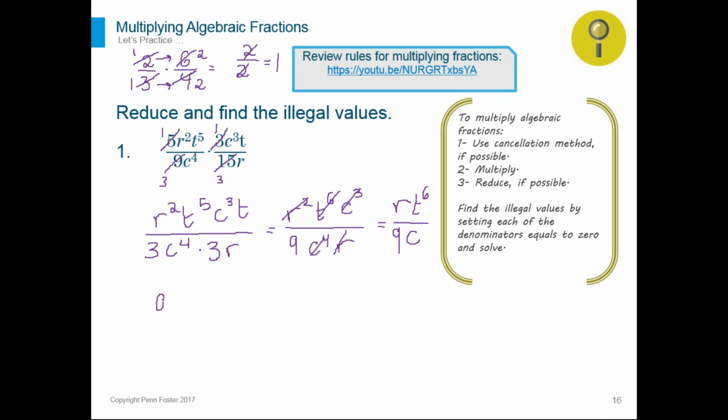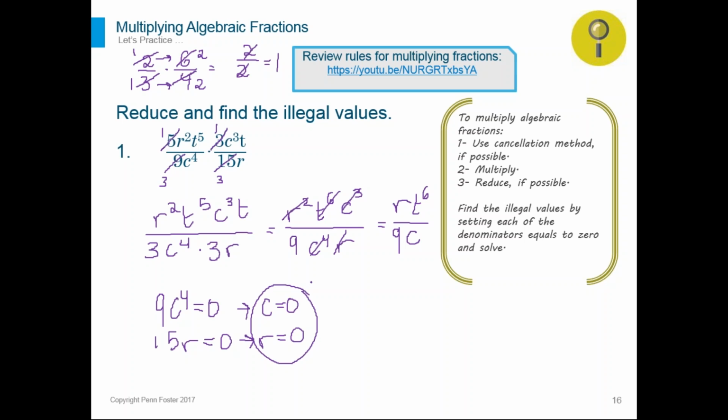So I'm going to have 9c to the 4th equals 0, and that will give me that c equals 0, or 15r equals 0, then in this case, r equals 0. These are the illegal values. If you take your illegal values from the denominator in the reduced form, you are going to be eliminating the r equals 0, which is going to give you incorrect answers. So these are the illegal values.